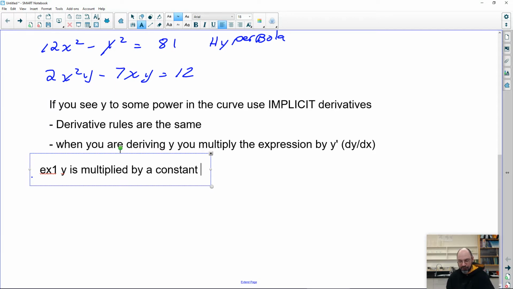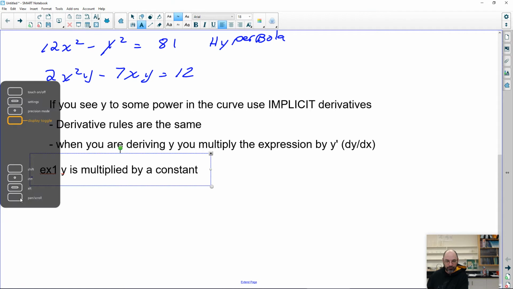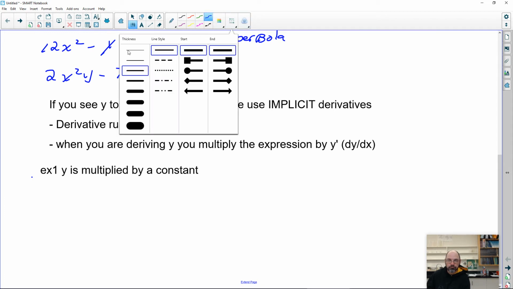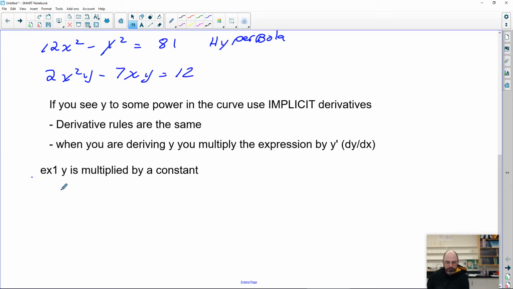So my example here, let me get my sheet with my little examples on them. All right, so if I had 2y equals 6x squared plus 2x. So we've got a constant.